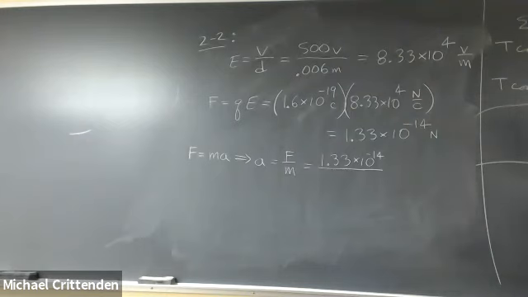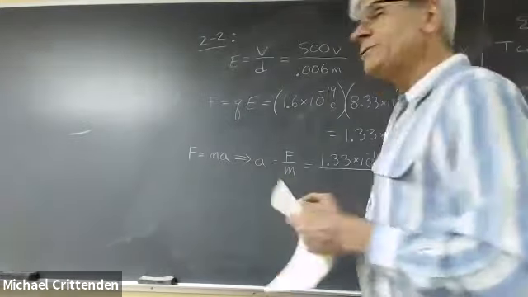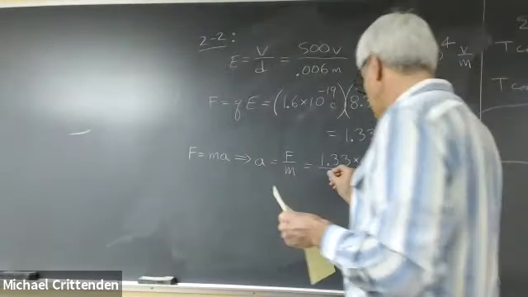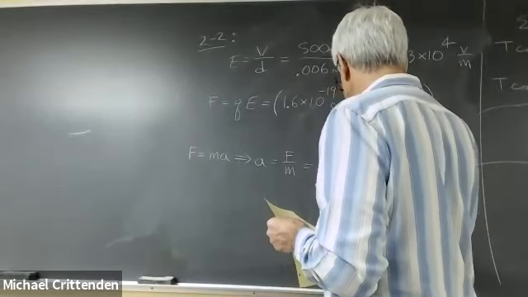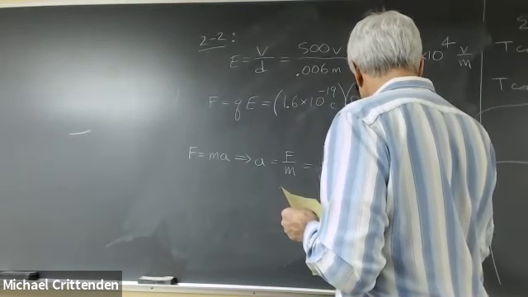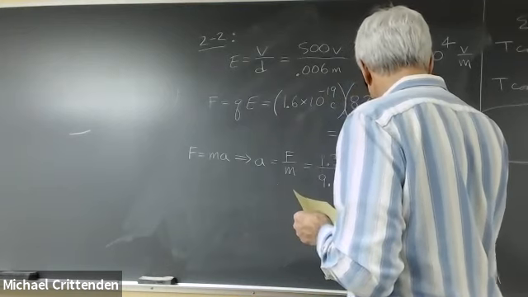Now, 10 to the negative 14th of a newton doesn't sound like an awful lot of force. It certainly wouldn't be if that force acted on you, but electrons don't have a whole lot of mass at all. 9.11 times 10 to the negative 31 kilograms.